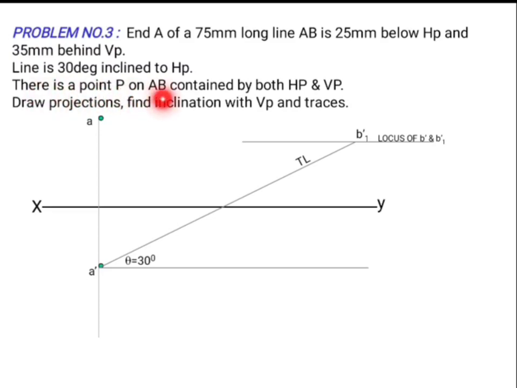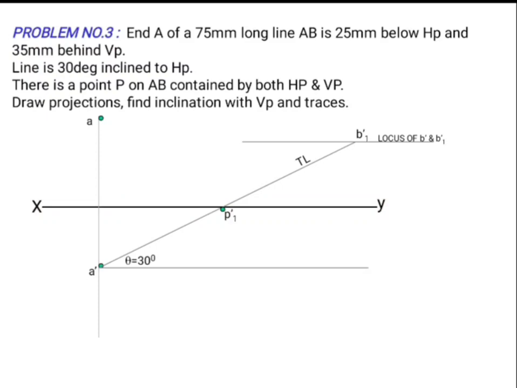Point P is on the line AB contained by both the horizontal plane and the vertical plane. So the point P1 dash will be the intersecting point of the line A dash B1 dash with the XY line. Now we have the point P1 dash, and the locus line of P and P dash will be the XY line.